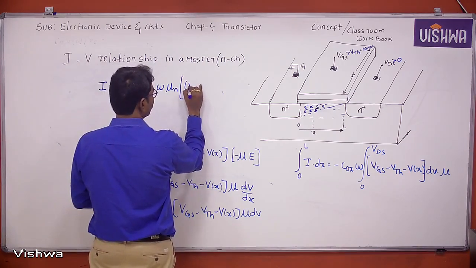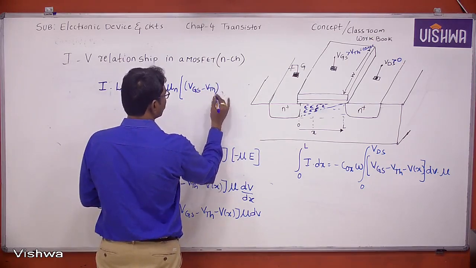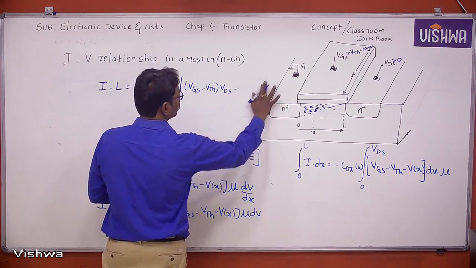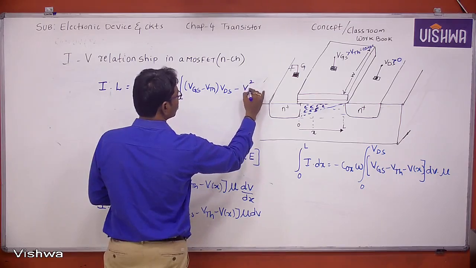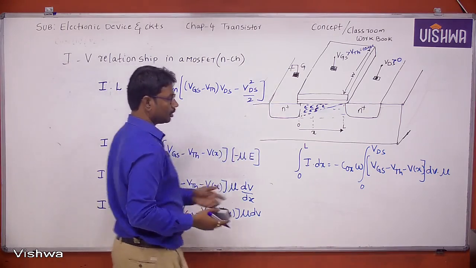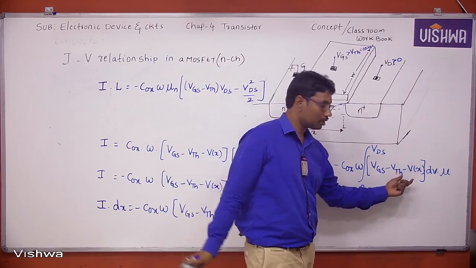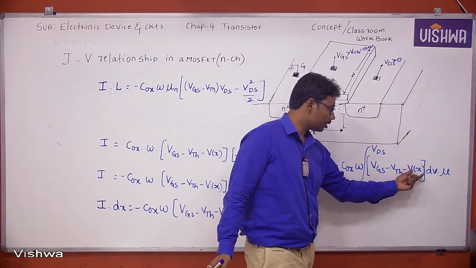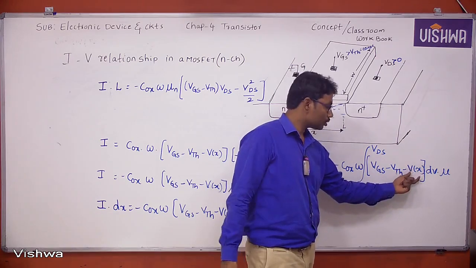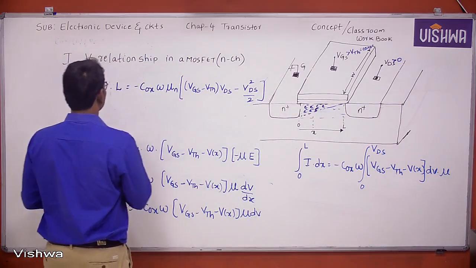The integration of the expression gives (VGS minus VTH) into VDS minus VDS square by 2. The integration of VGS minus VTH is (VGS minus VTH) into V, and substituting the limits we get (VGS minus VTH) into VDS. Integrating V gives V square by 2.